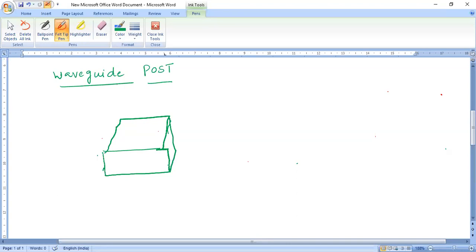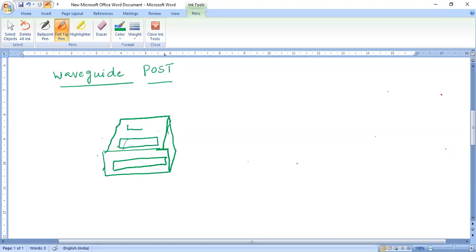The waveguide is something like this. So now, instead of taking a screw, you'll take a complete metallic sheet, taken like this, parallel to the electric field line. These are called posts.